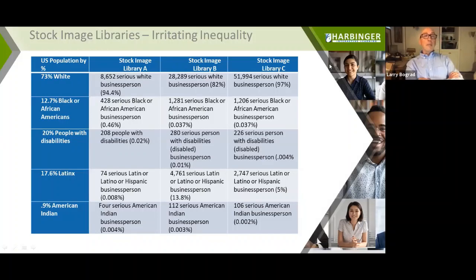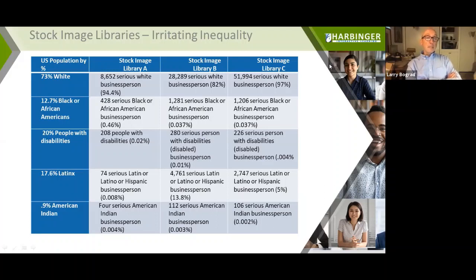So basically, for the search criteria, I used serious business person. And then I changed it. I did a search for white. I did a search for Black or African-American. I did a search for people with disabilities. I did a search for Latinx or Latino or Hispanic business people.